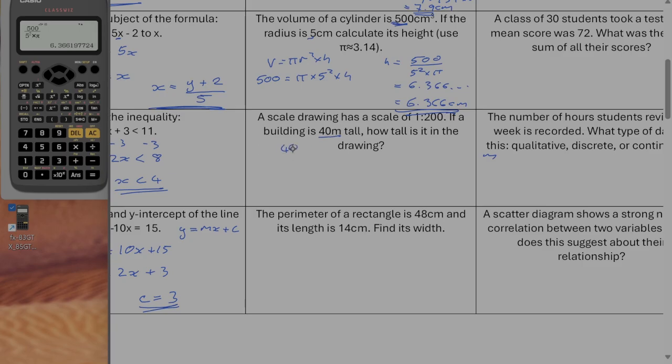So 40 meters is equal to 40 with 2 zeros, so 4,000 centimeters.